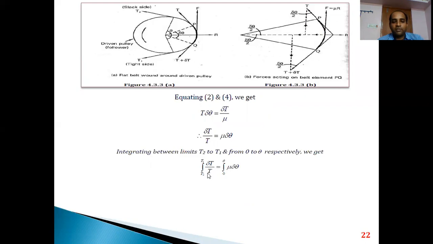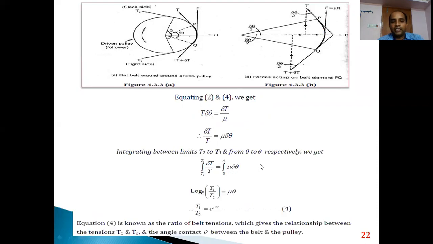Once we integrate, we get the integral from T2 to T1 of delta T by T equal to the integral from 0 to theta of mu delta theta, which simplifies to log of T1 by T2 to the base e is equal to mu theta, or T1 by T2 is equal to e raised to mu theta, where mu is the coefficient of friction and theta is the angle of contact for the arc length between the belt and the pulley. The ratio of belt tensions is represented by this equation: T1 by T2 is equal to e raised to mu theta.